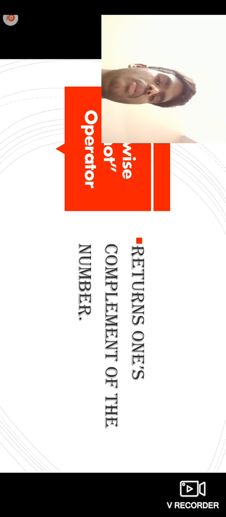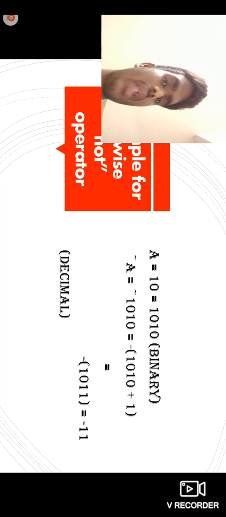Next, coming to the bitwise NOT operator. The bitwise NOT operator returns the one's complement of the number. It means you need to add plus one to the number and keep a minus sign before that. If you see the binary form of 10, 1010, we need to add 1, so we get 1011, and the decimal of this binary form is minus 11.